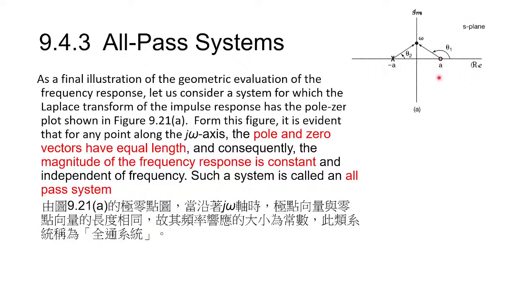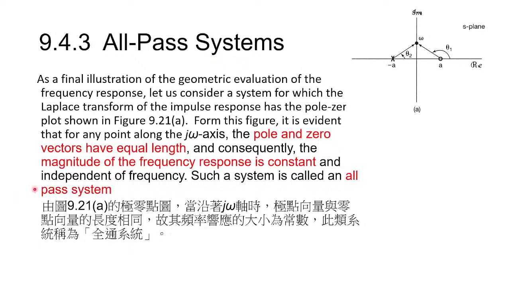You can imagine even if there are many poles and zeros, as long as they all have these symmetric pairs, you will have this magnitude being 1 throughout. And those kinds of systems, we call Laplace systems.